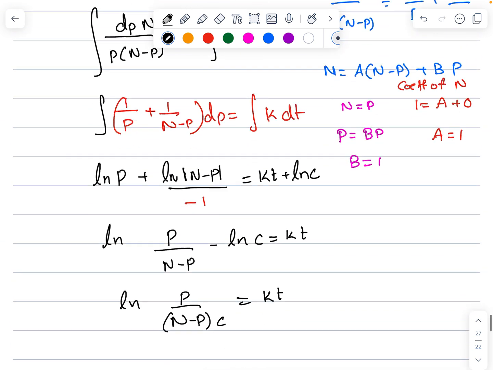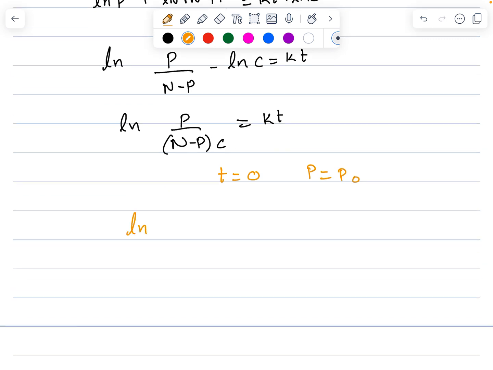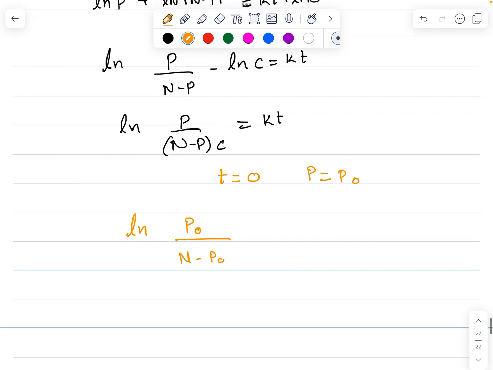Then we have to find the value of C. So how do I find it out? At t equals 0, P equals P naught. So what will it become? ln of P naught upon (N - P naught) times C equals kt. Kt, at t equals 0, is nothing but 0.